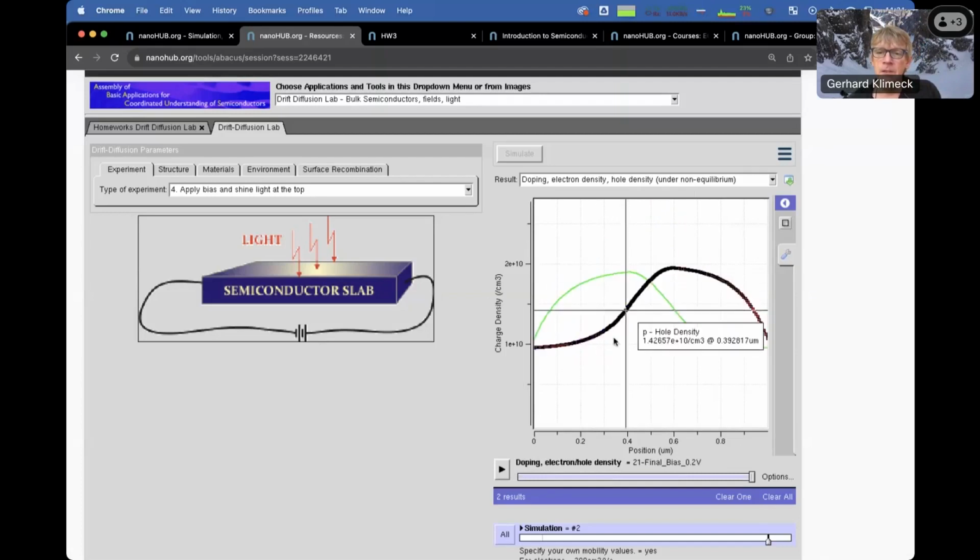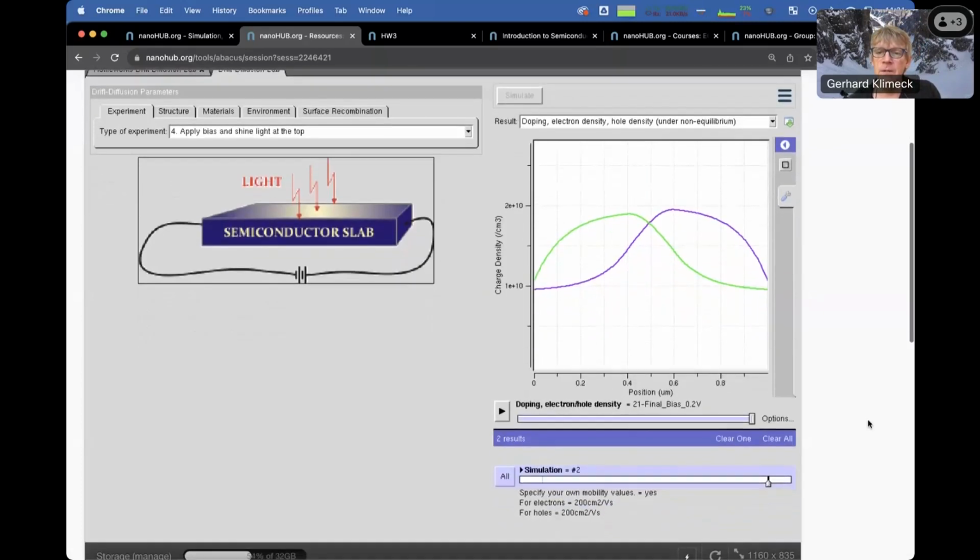But yeah, you can see the case here where electron and hole have the same mobility. They go back down to intrinsic doping. If you go here where the mobility is different, which is like this, you can also see the absolute carrier distributions as well.